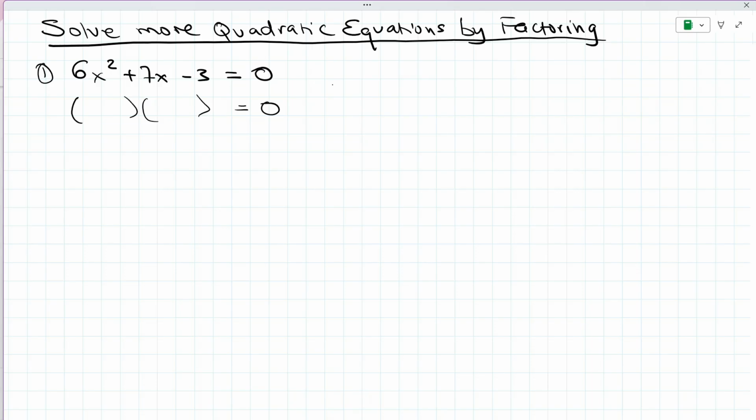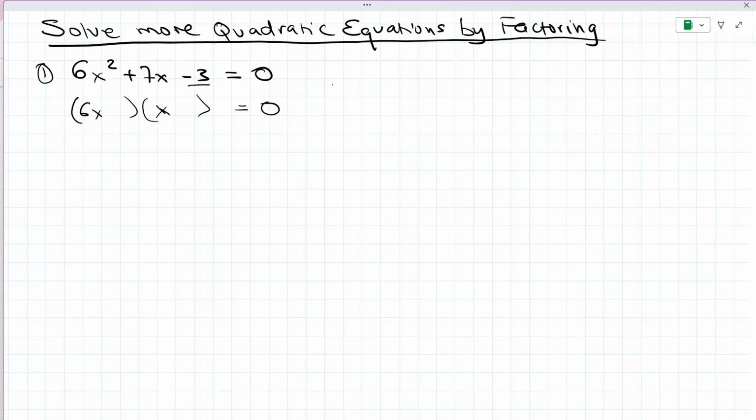Again, we look at the first term here, 6x squared, and break it up into two parts. So we'll have 6x and x, which, when multiplied together, will give us 6x squared. Next, we look at our constant here, and that's minus 3.